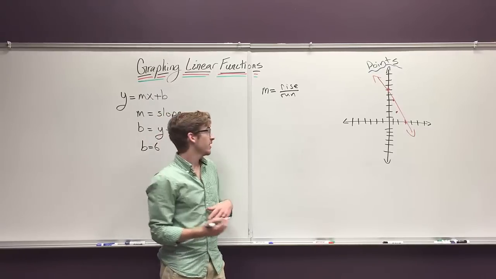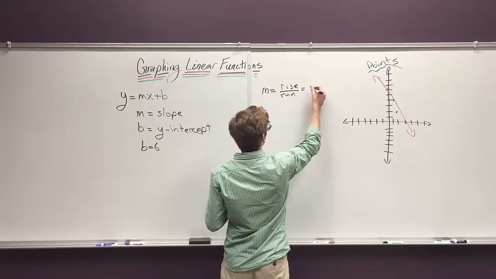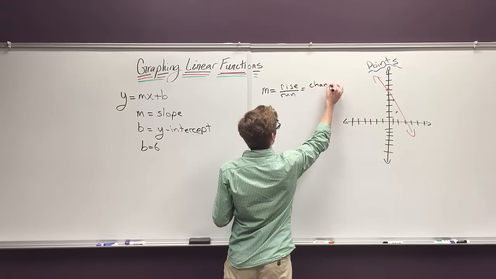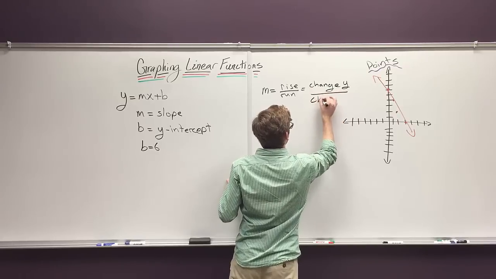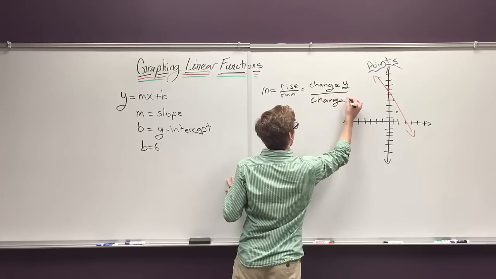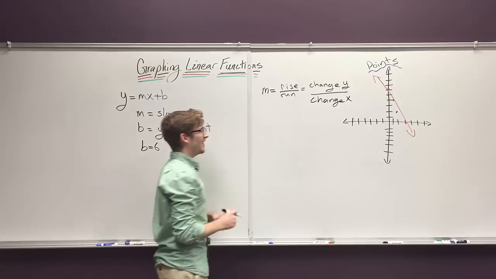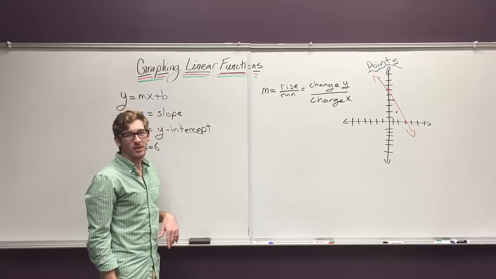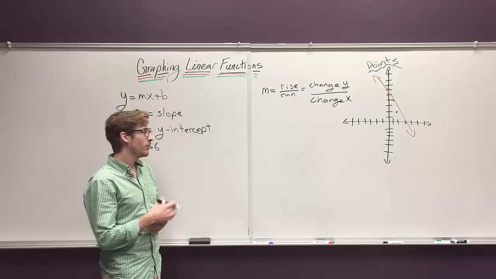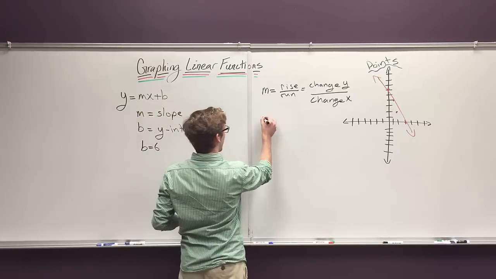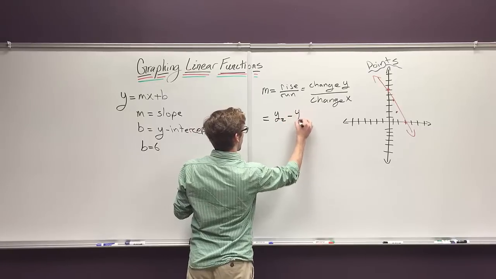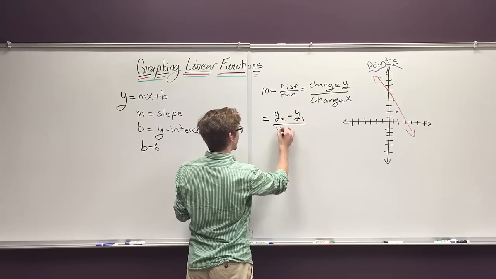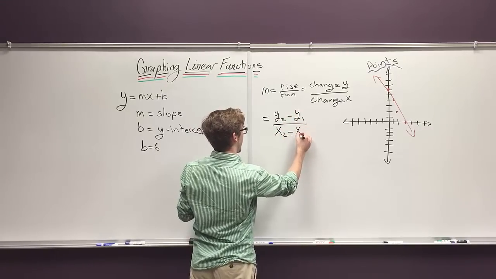Well, it means that there is a change in y over change in x. How does that correspond with our graph? How do we know the change in y? How do we know the change in x? Well, that is given by y2 minus y1 over x2 minus x1.